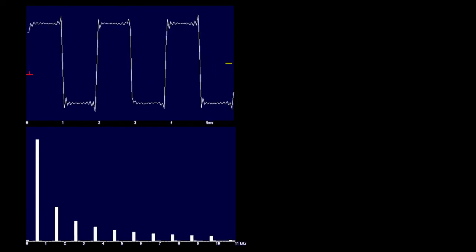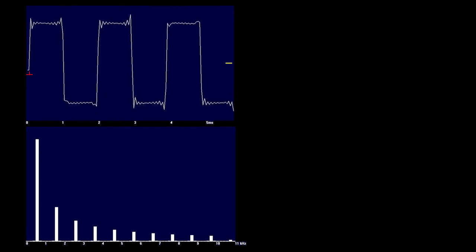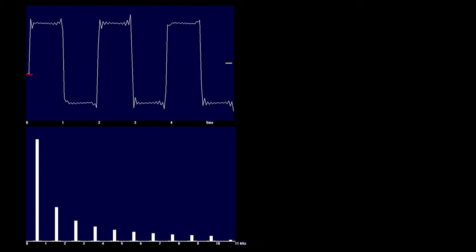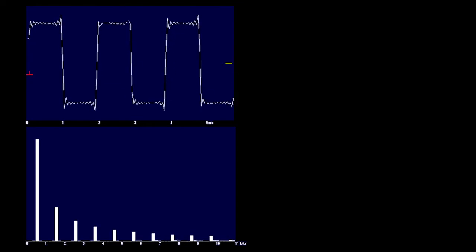Now I'll change the input to a square wave, and you'll see that the frequency spectrum is suggesting that this square wave is composed of a series of sinusoids at various frequencies and amplitudes. You may remember from the lecture on filters that sine waves are in some sense a fundamental wave shape.